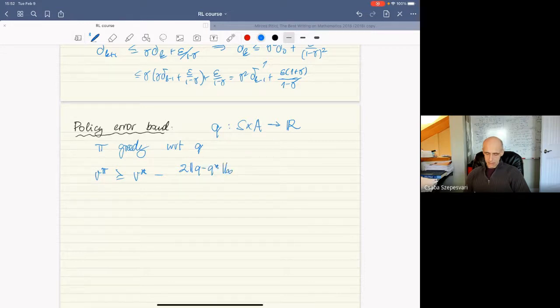And so you remember that this is the error bound that we got.